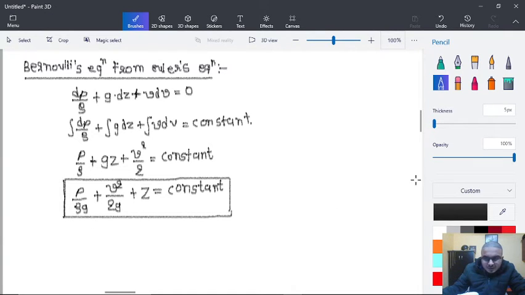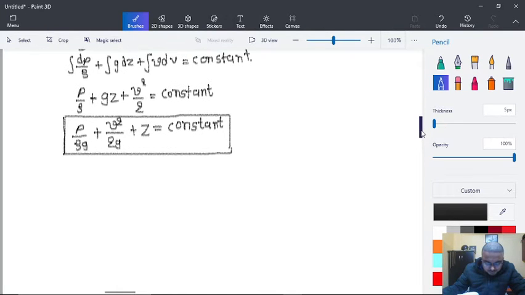Here there are three elements. First is P upon rho G, which is equal to pressure energy per unit weight of fluid.